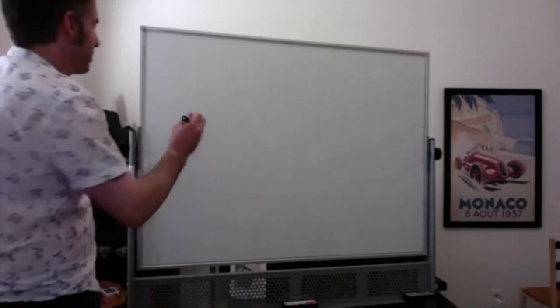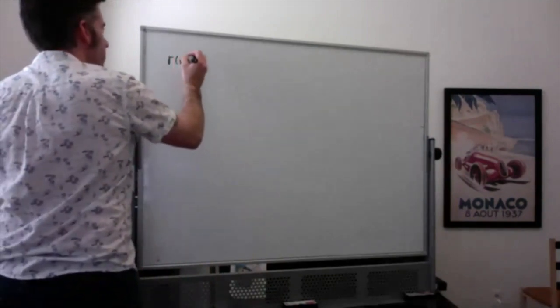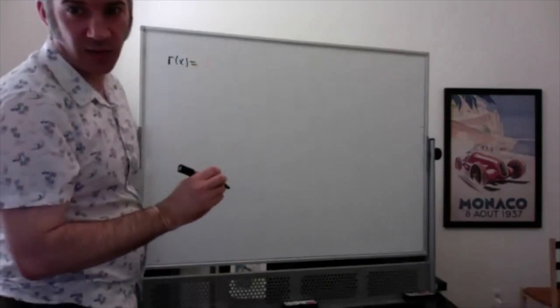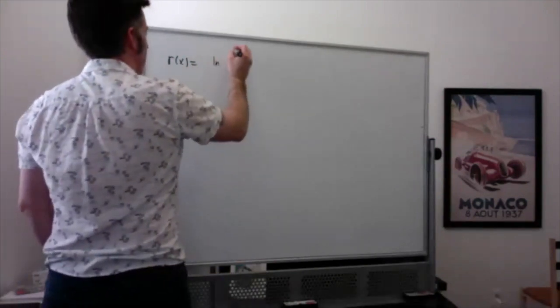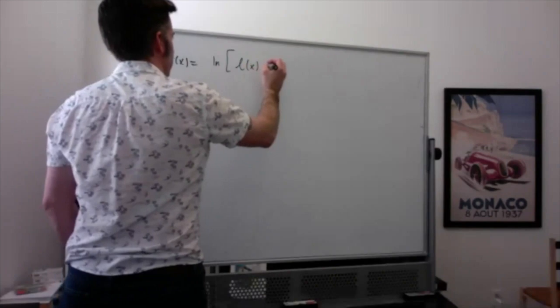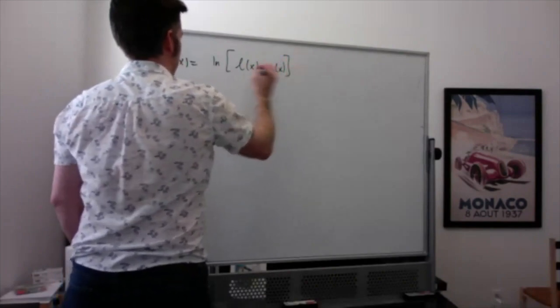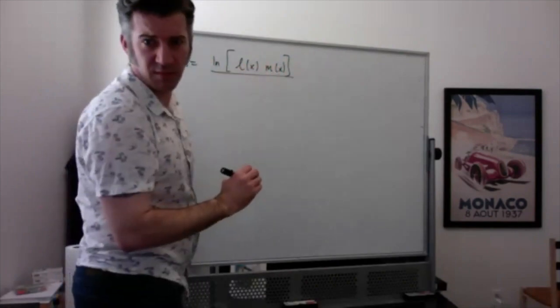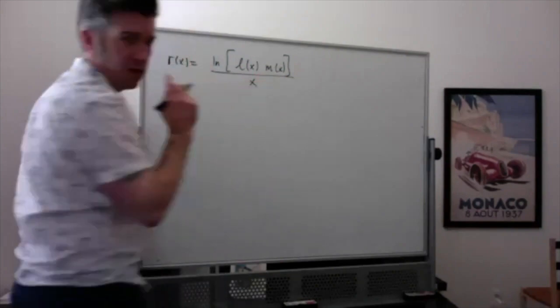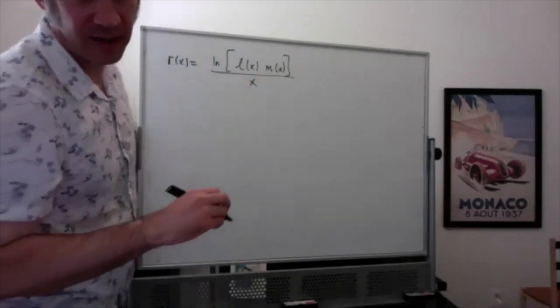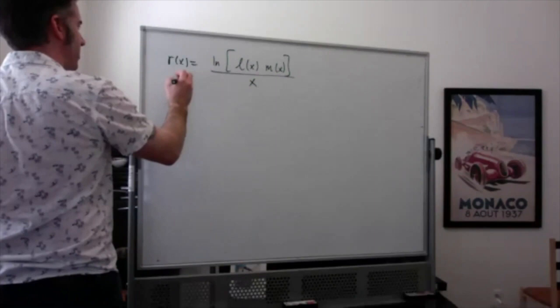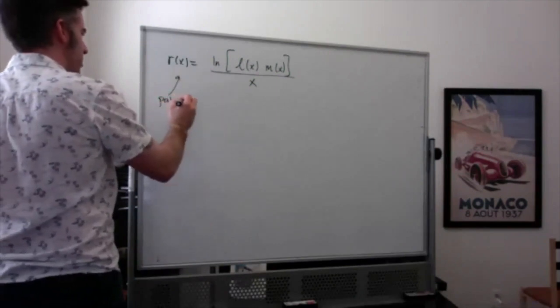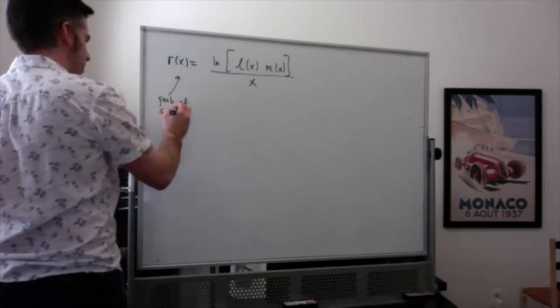R of x equals the natural log of L of x times M of x, all over x.